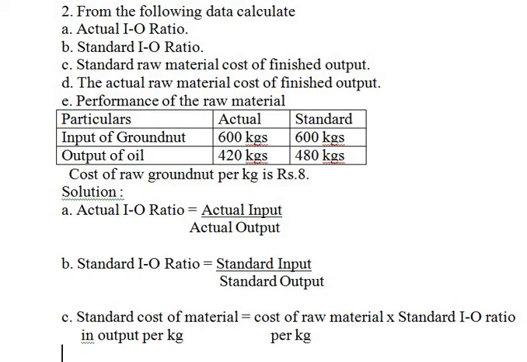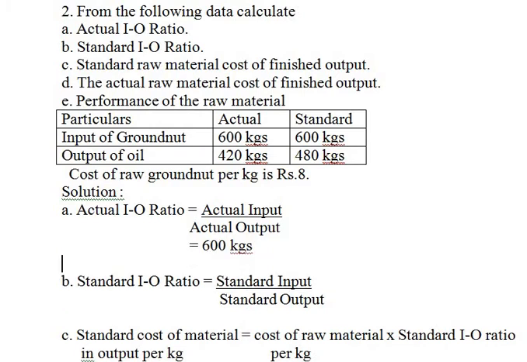Actual IO ratio is equal to actual input of groundnut, 600 kgs, divided by actual output, 420 kgs.